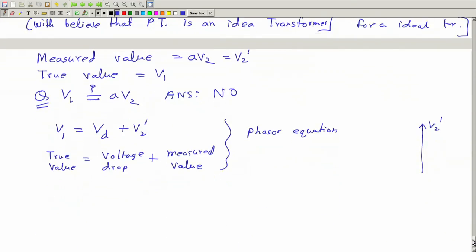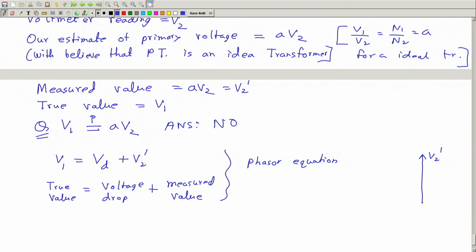So if VD is here, then this is V1. This is the true value, this is the measured value. So we have errors.